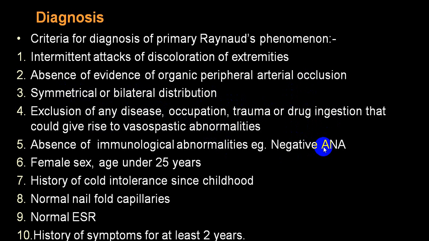ANA is negative, RA test is negative, very common in females and very common in early age group. Normal nail fold capillary, normal ESR, and symptoms will be for a longer period, say at least 2 years.